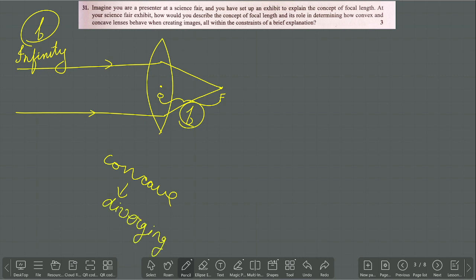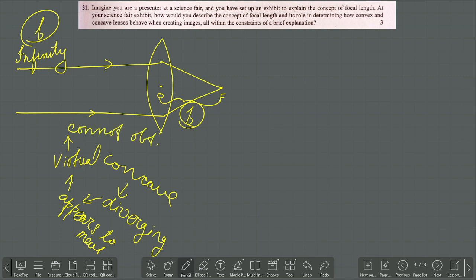Due to the diverging, the refracted rays only appear to meet, in the sense it is going to produce a virtual image. A virtual image cannot be obtained on the screen. Clear? Condition for the concave lens.